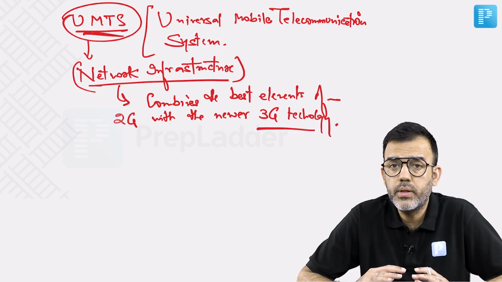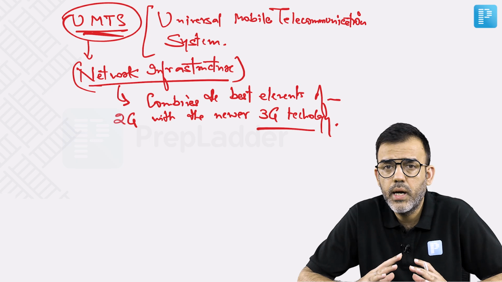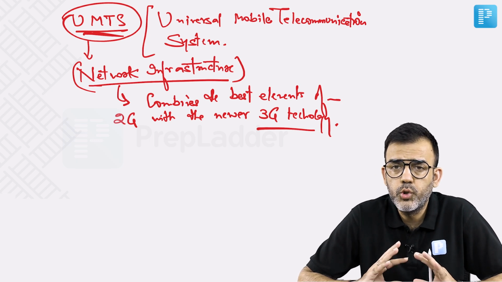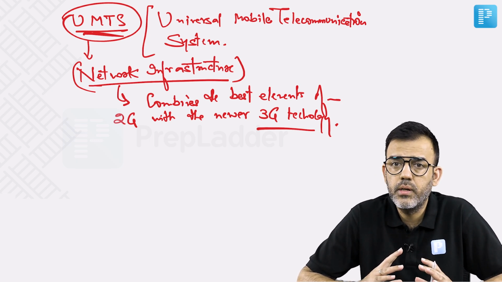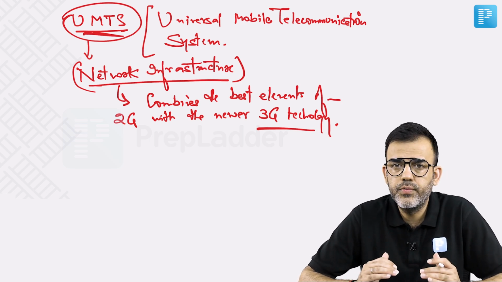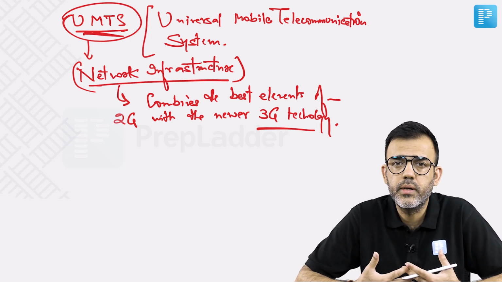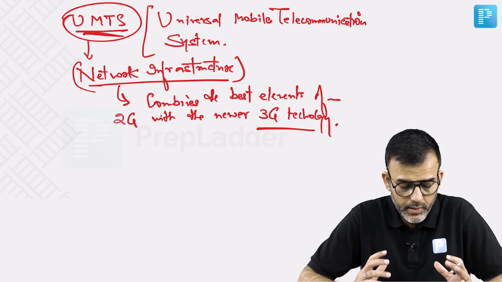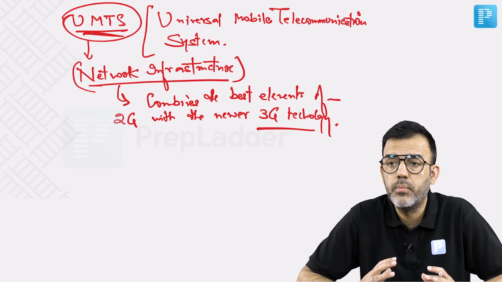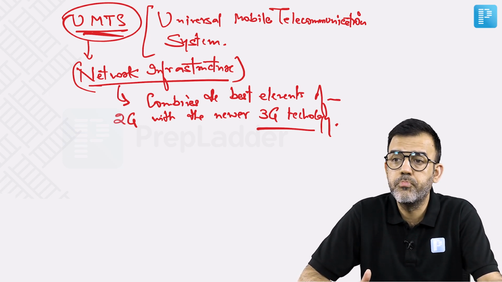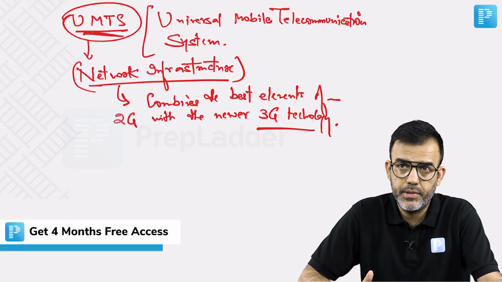It was quite important that when 3G came, the 2G based infrastructure did not become redundant. So the best of the two was overlapped and used in correlation, and that's how this Universal Mobile Telecommunication System came into existence.